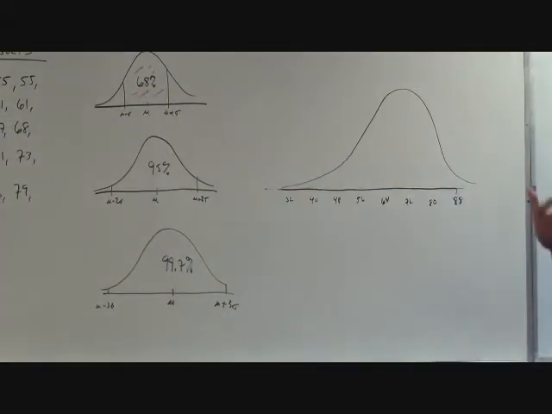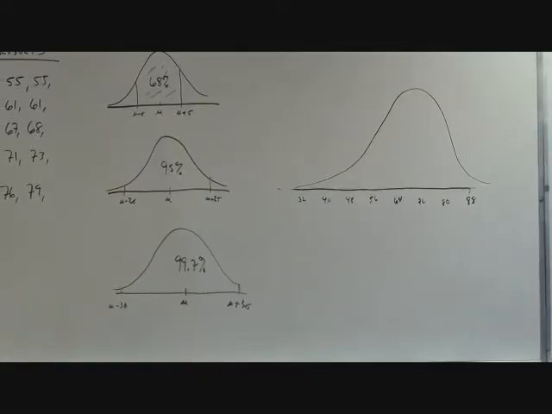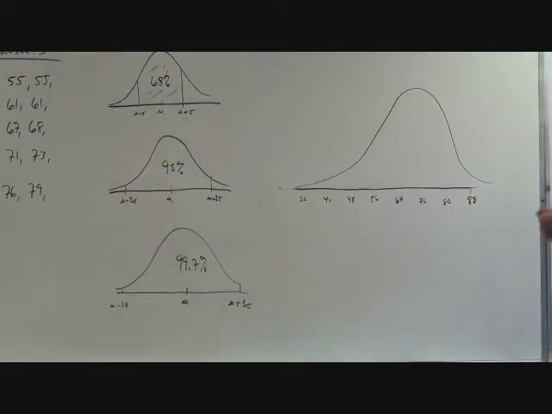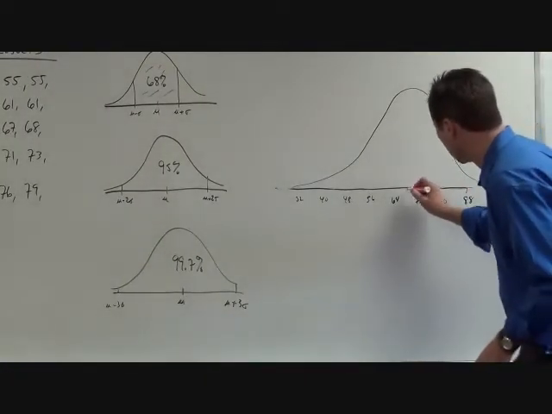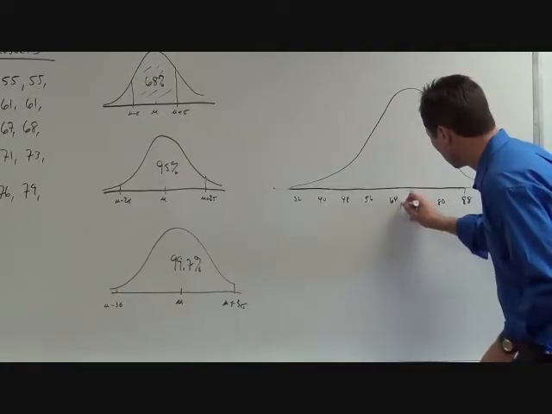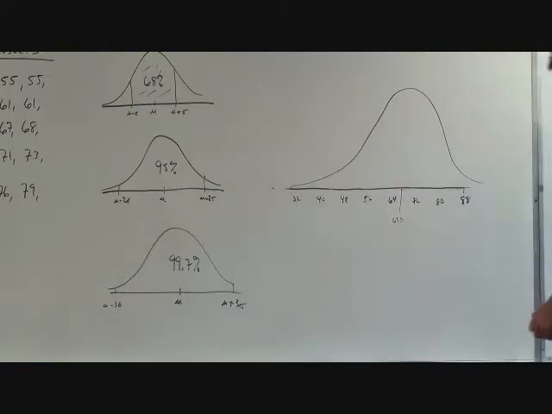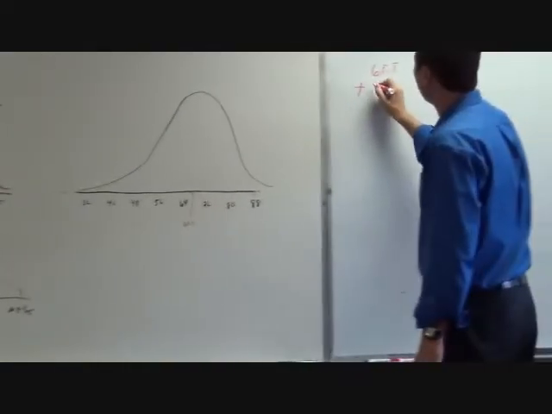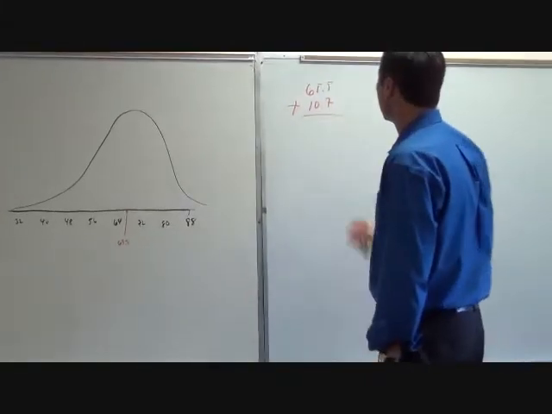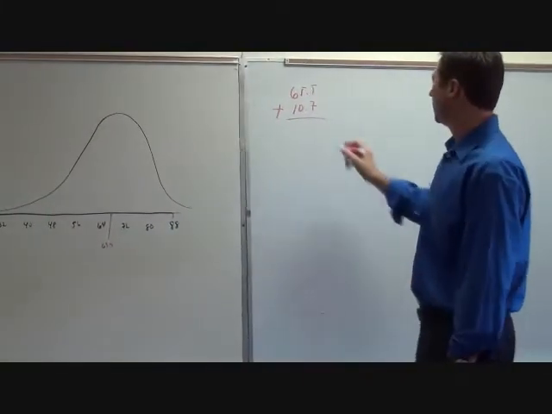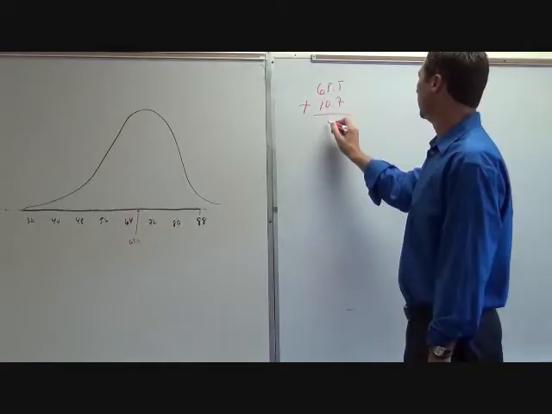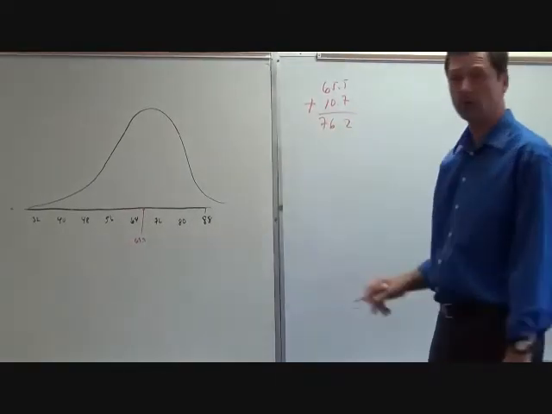What is 1 standard deviation above the mean? Well, the mean's right about here. 65.5 is right about here. So that's where the mean is. All right, so I've got 65.5 plus a standard deviation. That takes me to what? 76.2.